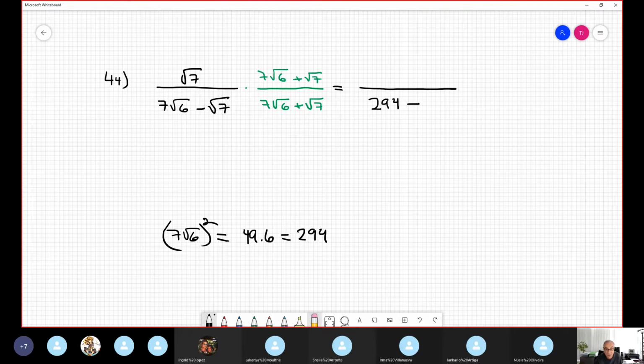Minus, because I know it's minus. Remember the formula is a squared minus b squared. And radical 7 squared is just 7. And this minus 7 is 287.